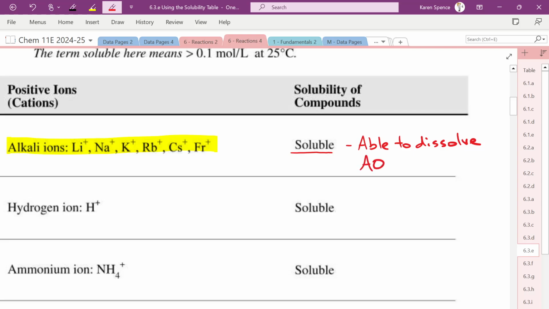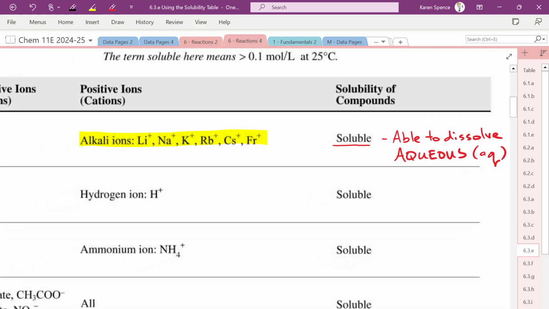Aqueous. Okay? So that means if I give you sodium phosphate, it will be aqueous. If I give you rubidium acetate, it will be aqueous. If I give you cesium permanganate, it will be aqueous. Okay? It doesn't matter what you pair it up with. All the alkali salts will be aqueous. All of them.